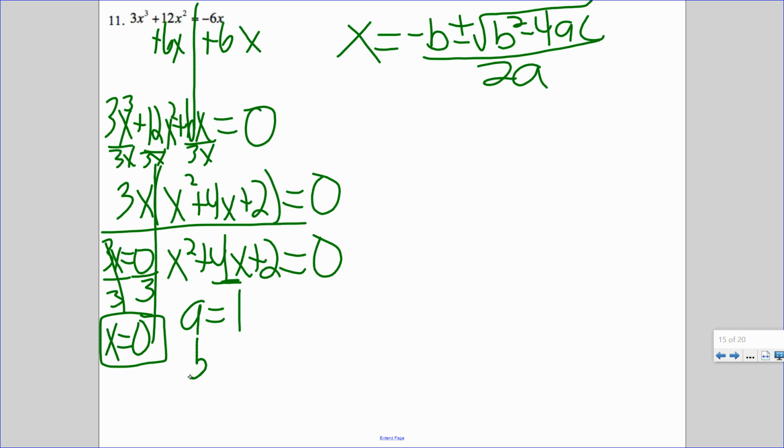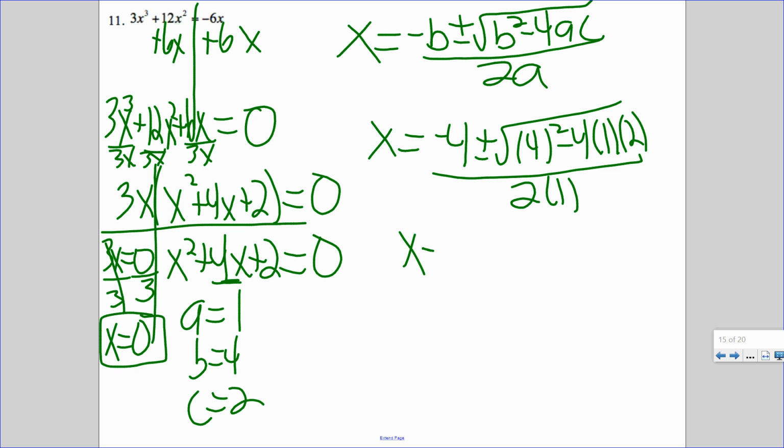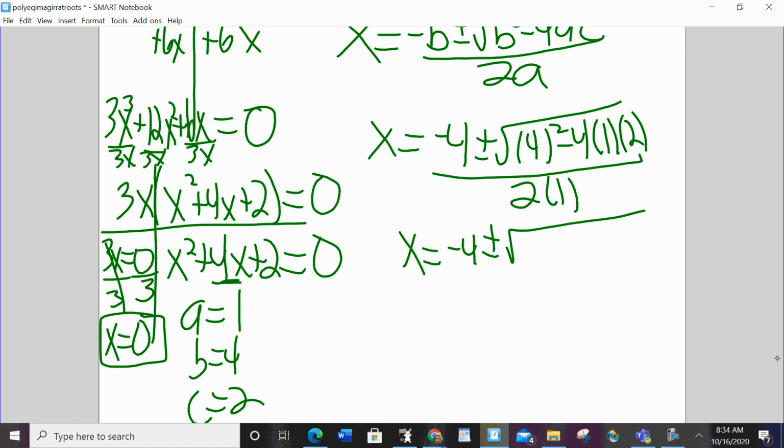A is 1, B is 4, C is 2. So it's x equals negative 4 plus or minus the square root of 4 squared minus 4 times 1 times 2 all over 2 times 1. We go to our calculator, we type in what's inside the radical.